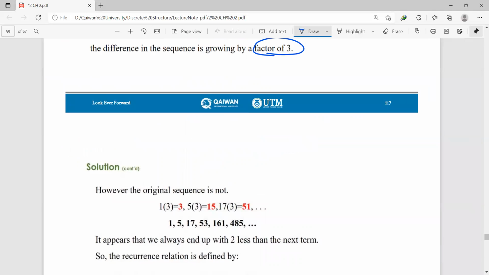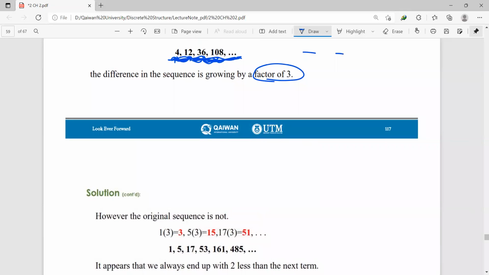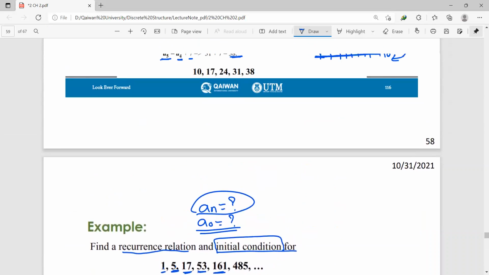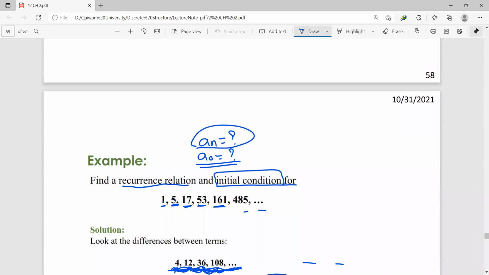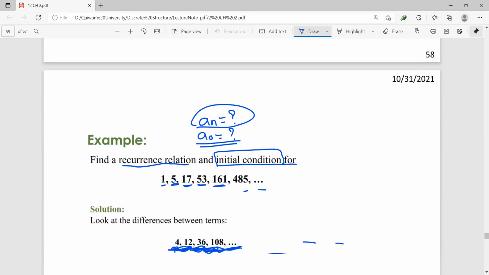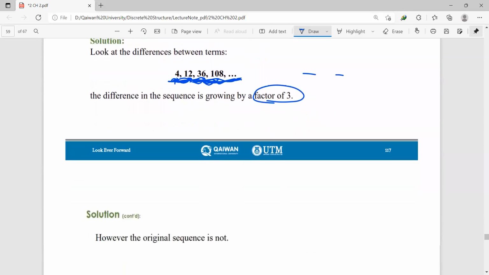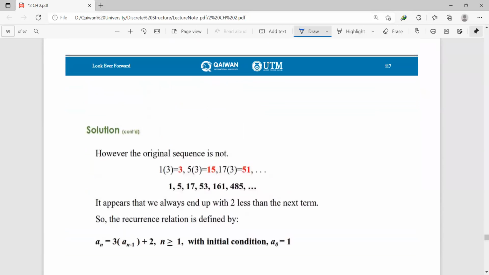And then the original one, 5, 17, 53, and so on, is not going by the factor 3. Only the difference is going by the factor 3. You see, 1 times 3 is 3, 5 times 3 is 15, 17 times 3 is 51.